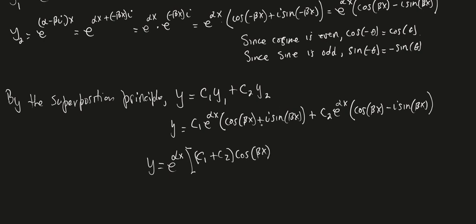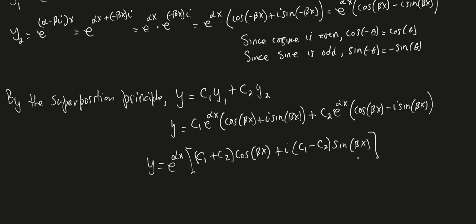And then what do we have in terms of the sine terms? I have my I, and then c1 times this, and c2 times negative sine. So this will be c1 minus c2 times sine of beta x.